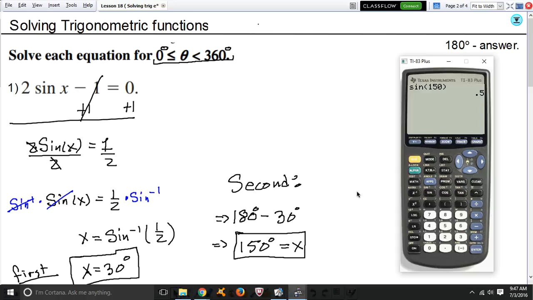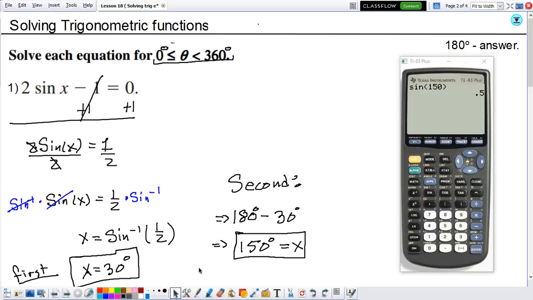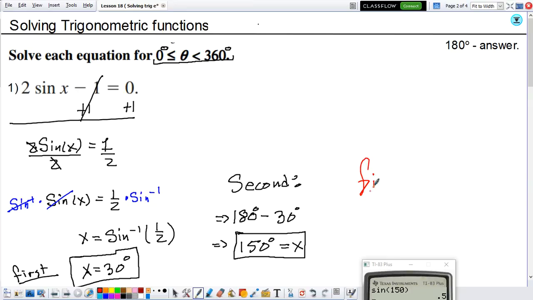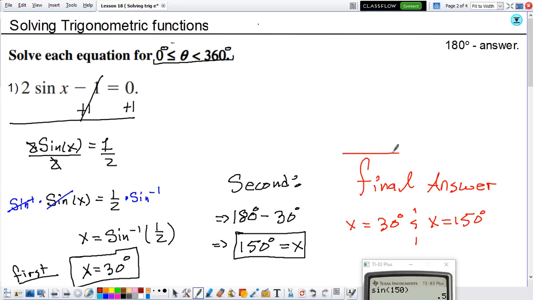So that says that both of them are my solutions. So your final answer is when x is equal to 30 degrees and x is equal to 150 degrees.